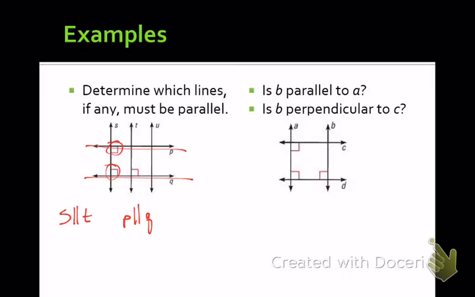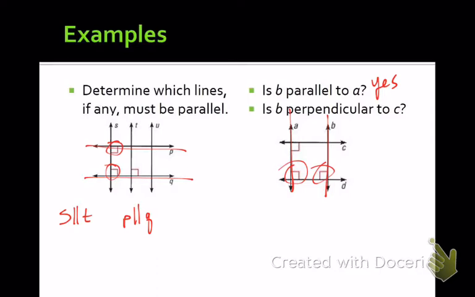Now, next example. Is B parallel to A? Well, they're perpendicular to the same line. They're both perpendicular to D. So yes. Next question. Is B perpendicular to C?